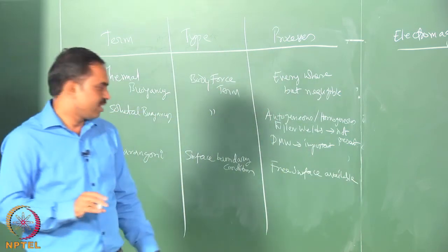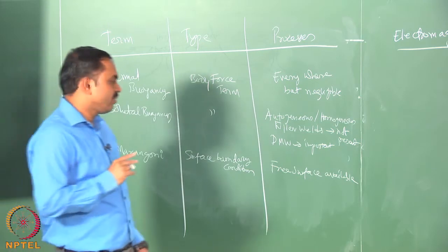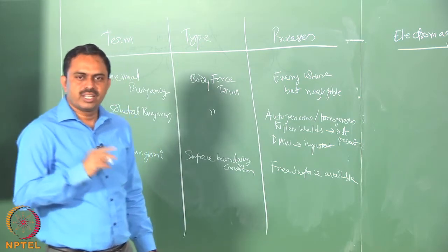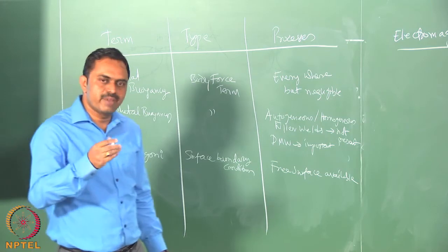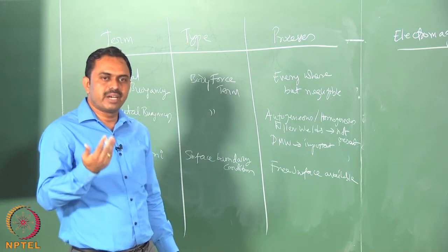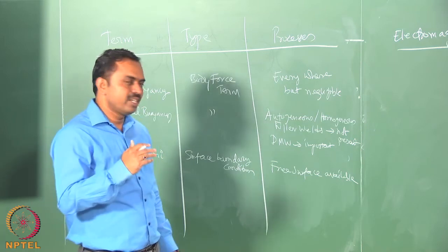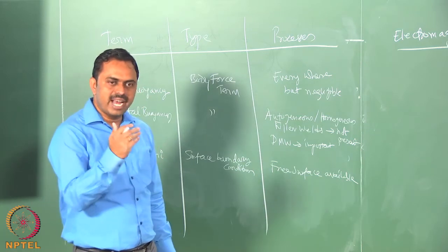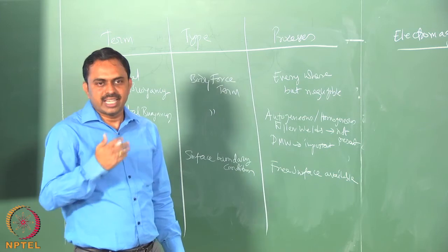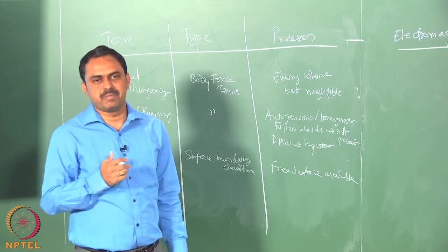For example, let us take arc welding when there is a flux. So, the surface of the liquid metal is covered by a flux, it is not exposed to the vapor directly. So, therefore, the surface tension that is relevant is the surface tension between liquid metal and the liquid flux, and that surface tension is not a strong function of temperature.